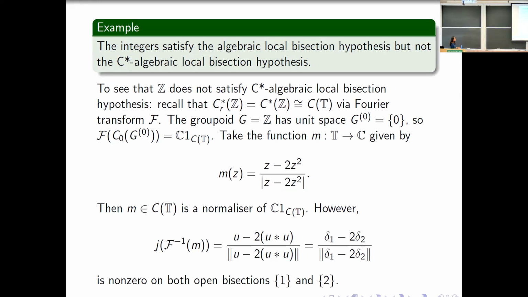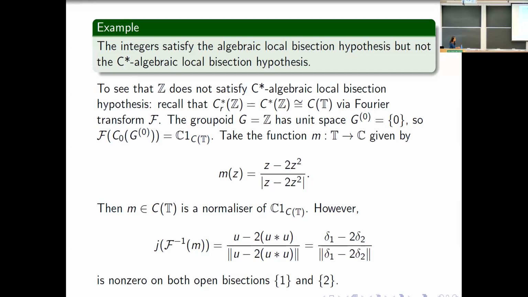Okay. But when we look into this function, actually it is non-zero on both bisections which contain 1 and 2. Yeah. So because of that, when we want to look into the support of our normalizer, because this M is a normalizer, right, and when we want to look at this local bisection hypothesis, as I said previously, basically we just care whether the support of the normalizer is an open bisection or not, right?